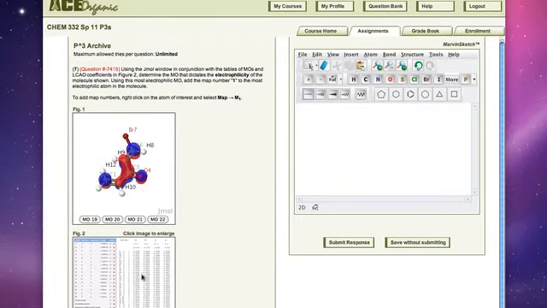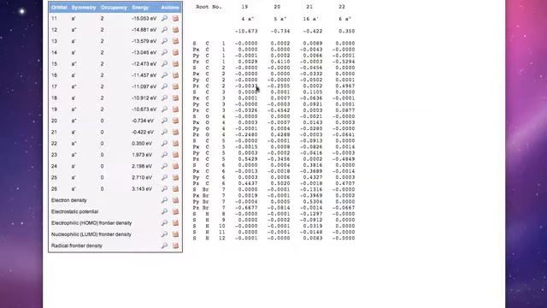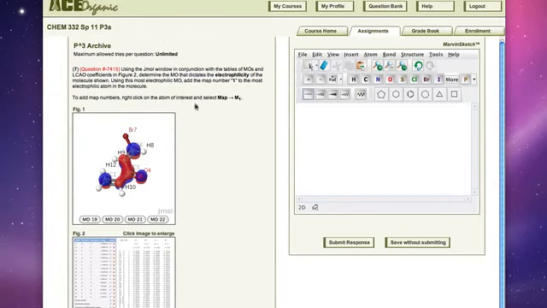And so when we go to the raw data, we'll look in orbital 20 and we'll find where the largest number is, right? What we see is that C6, the pz orbital on C6, has the largest coefficient. This immediately tells us, okay, C6 is the most electrophilic atom in this structure.